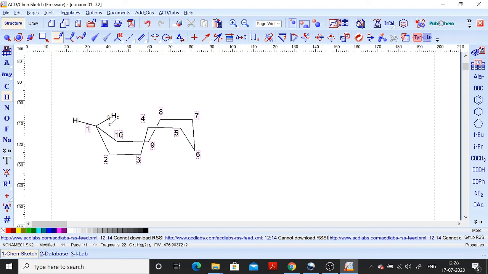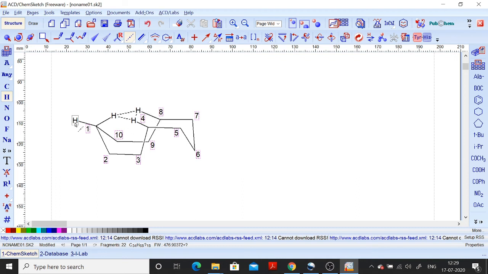The one on this side will be involved in the transannular interaction with carbon number 4 and carbon number 8. So there is a transannular interaction between the hydrogens attached to carbon number 1, carbon number 4, and carbon number 8.